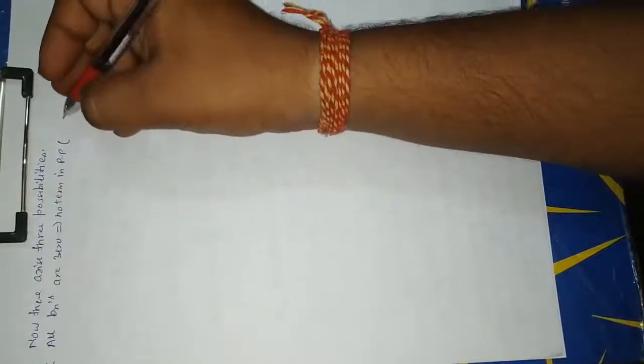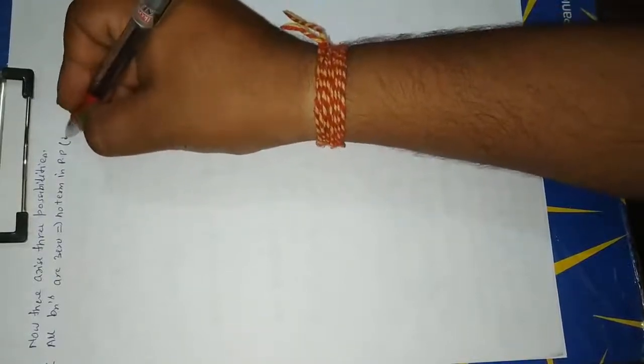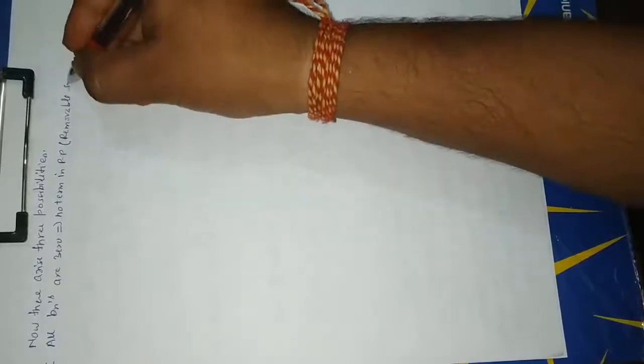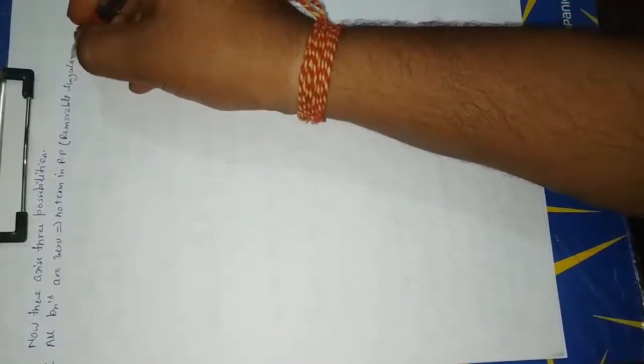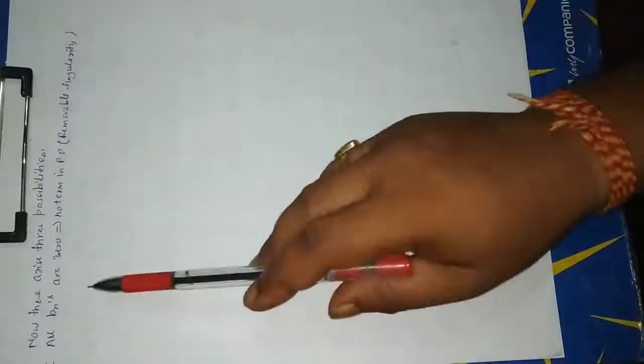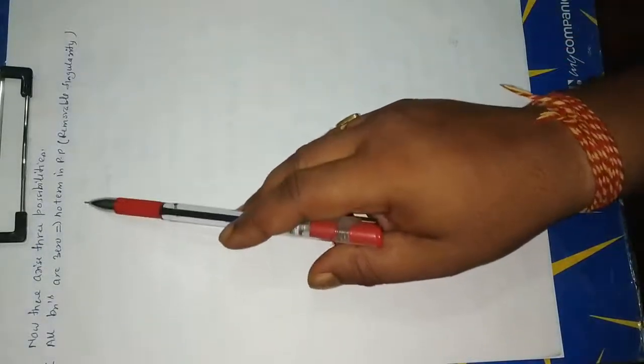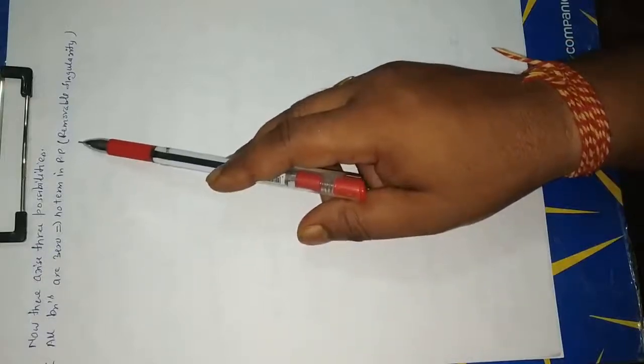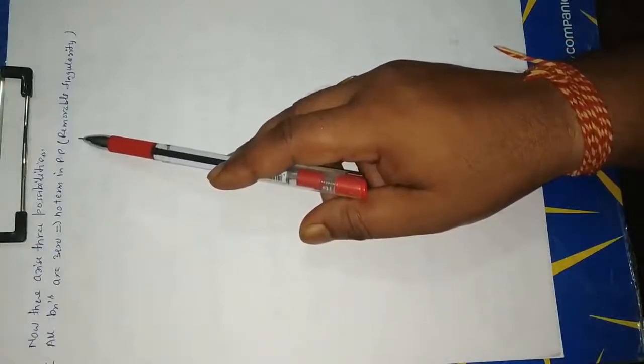This is the removable singularity. In this case, when all bn are 0, that is no terms in the principal part, then at z is equal to a, the function has a removable singularity.